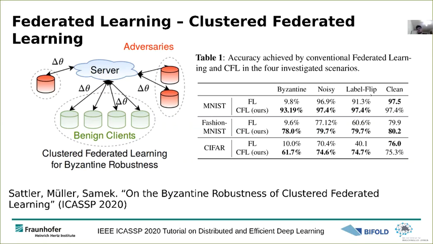The clients could also have some bug in their data, which results in flipped labels or something like that. And in this paper, which we have published in this conference, we find that also in these scenarios, clustered federated learning is able to separate out the adversarial clusters from the main cluster of benign clients, which may improve the accuracy quite drastically in some situations.